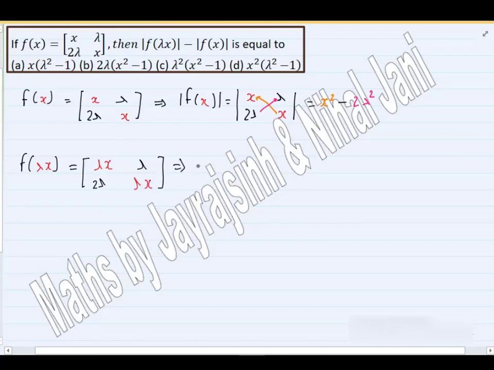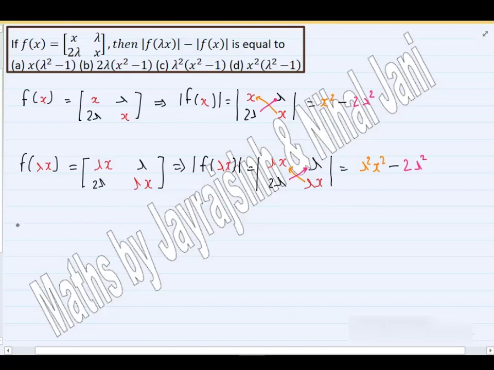So our determinant of f of lambda x will be the determinant of lambda x lambda 2 lambda lambda x, right? Now just cross multiply. Lambda x into lambda x will give us lambda square x square minus 2 lambda into lambda will give us again 2 lambda square.